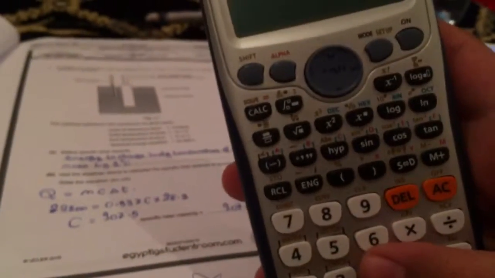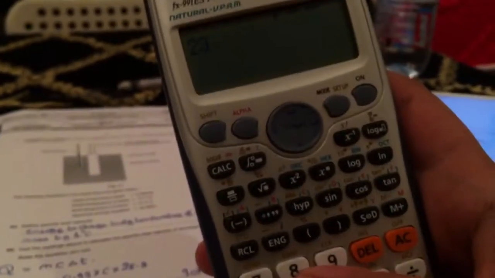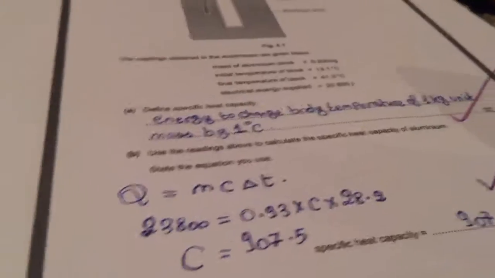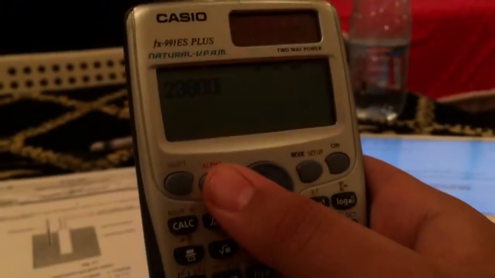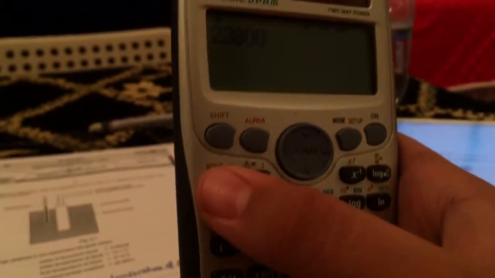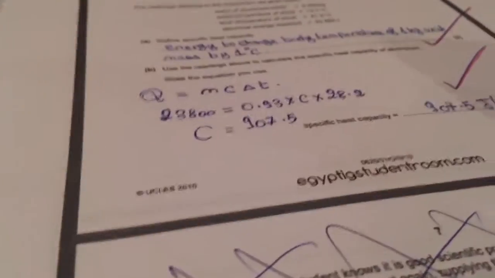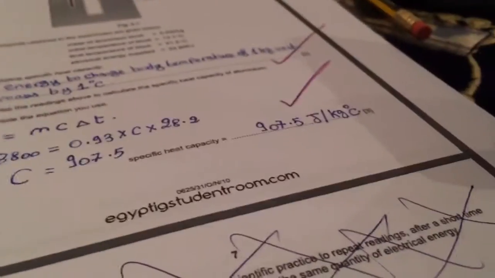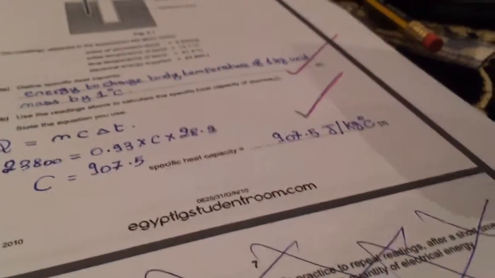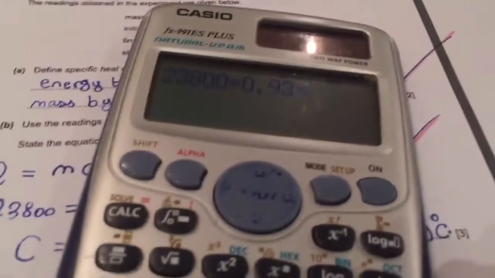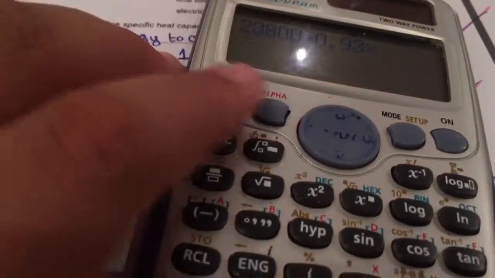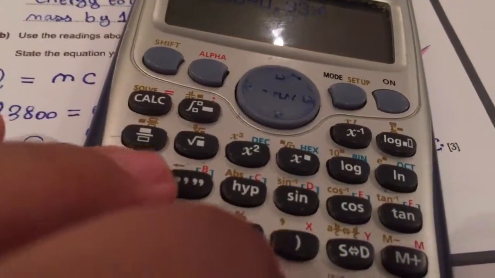So 23,800 will equal, so you press alpha equals, then 0.93 times c. You can put it as any unknown, like X or Y, wherever you want.